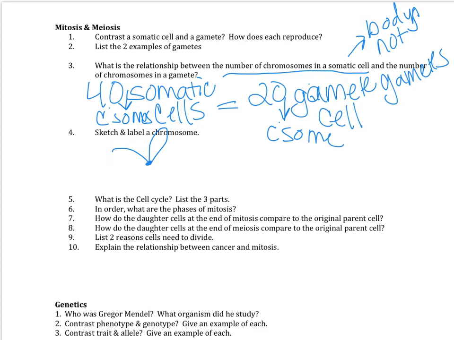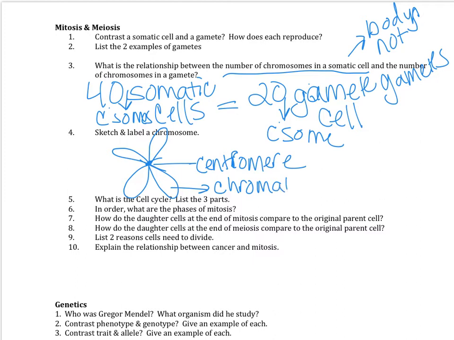So when we talk about our chromosome, we've got like our little butterfly. So that's our chromosome, okay? In the center, you have your centromere. Great. You have your chromatid. Here's one chromatid, and this is the other chromatid.